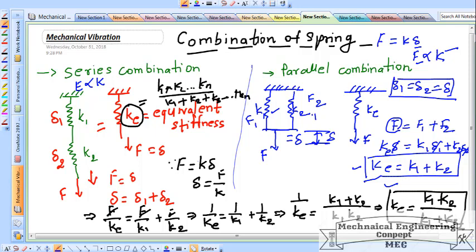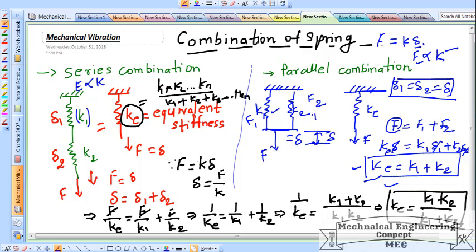For understanding and simplification, we consider stiffness value, because the stiffer the component, the less it will deflect. The less the stiffness of the component, the more it will deflect, because stiffness is inversely proportional to del.